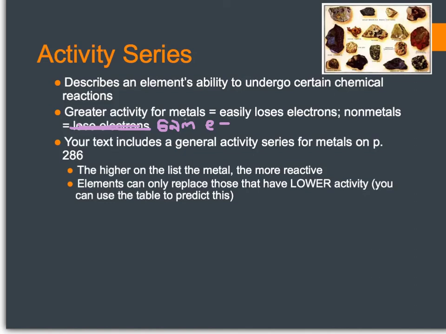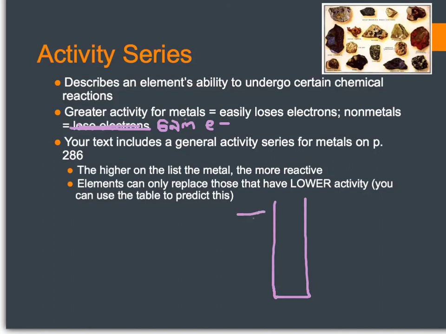So there's what's called an activity series. It's a general table that shows in order, comparing one element to another, how reactive or non-reactive that metal is. So if you look on page 286 in your book, you'll see this long list of metals, and they're metals from all over the periodic table. They're not necessarily within groups.